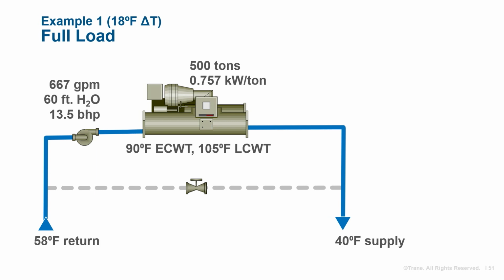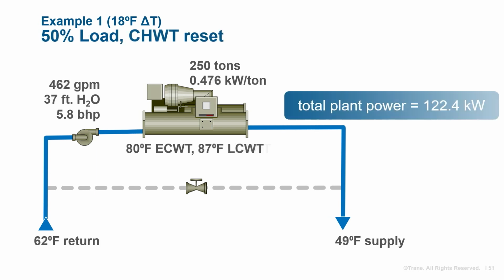The variable speed primary pump is sized for 667 GPM and 60 feet of head. If the system is at 50% load and the chilled water temperature is reset, we may have a 49-degree supply temperature. The higher chilled water supply temperature lowers the chiller energy consumption significantly, but not the pump.